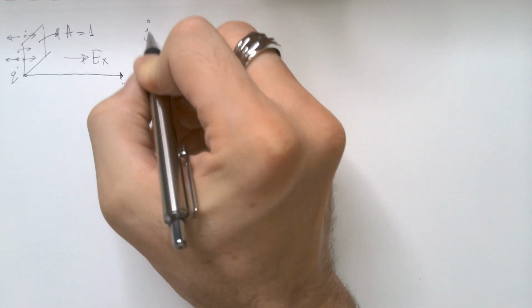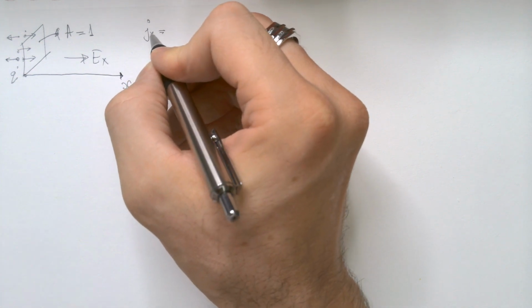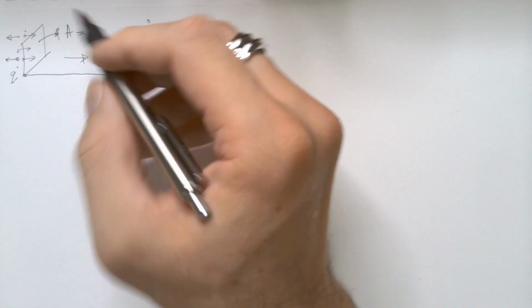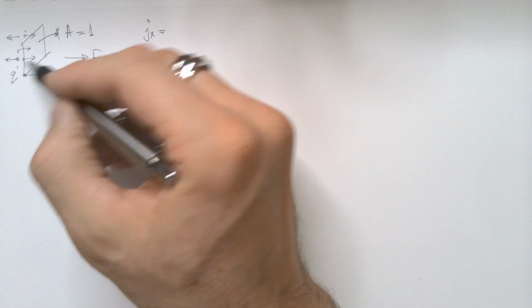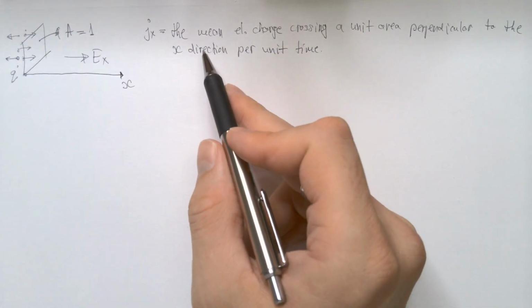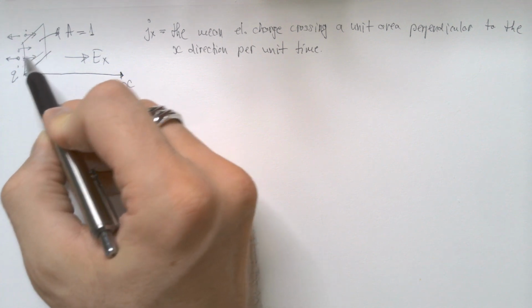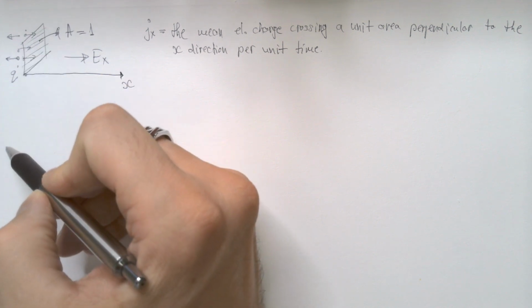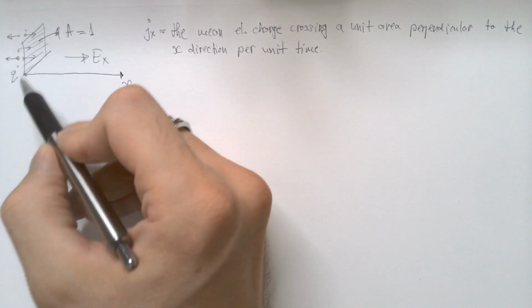Let's call it Jx. And Jx will be the mean electric charge crossing this unit area per unit time in the x direction. Now we can see from this definition that the more particles cross this unit area in unit time, the stronger the current. And by more particles, what do we mean?